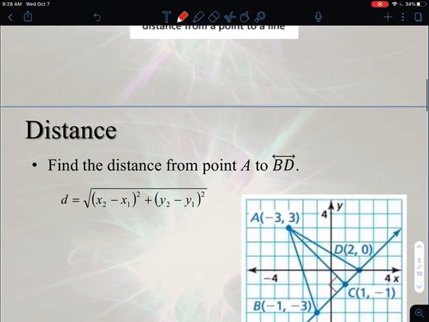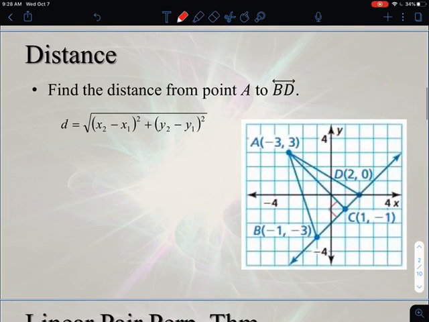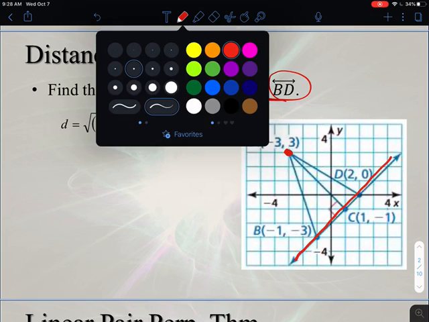And that's going to be important because when you are asked to find distance, so what is the distance from point A to line BD? So we want to start at point A over here, and we want to get to line BD right here. So there's 3 different paths.